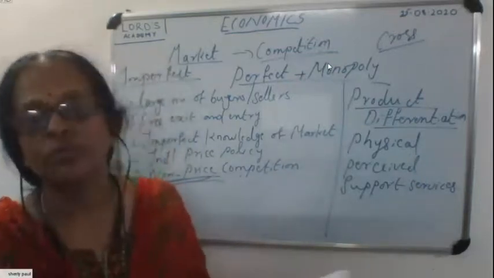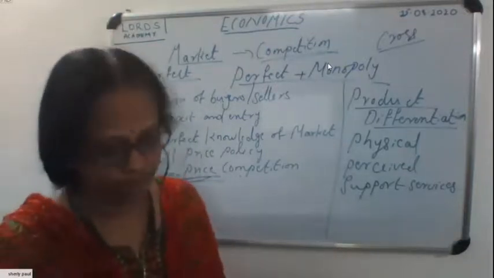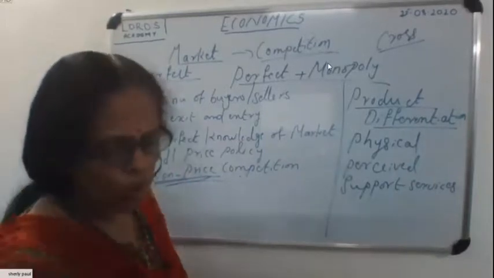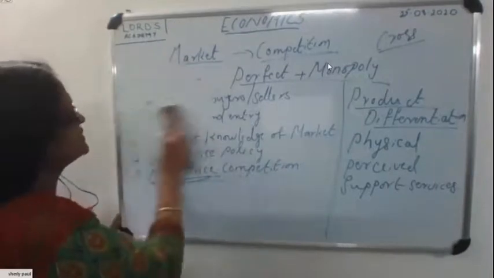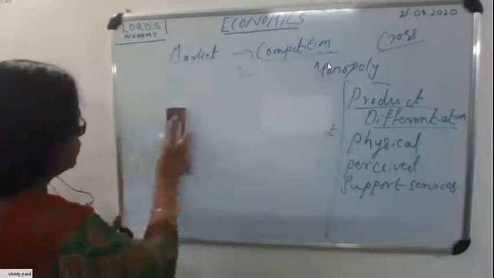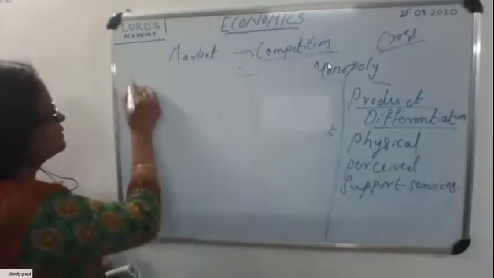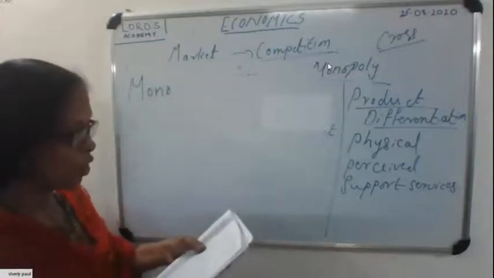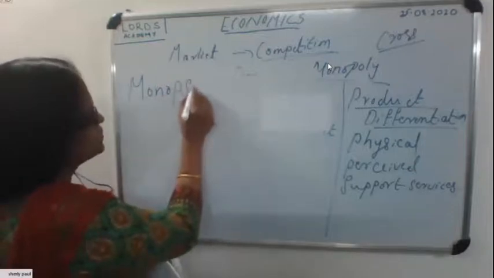Now, only 1 more market we have to study. That is monopsony. Here we studied monopoly, and the first part is the same. Monopoly, monopsony. Mono means single. Clear? Here the word is monopoly, and here we are studying monopsony, M-O-N-O-P-S-O-N-Y.